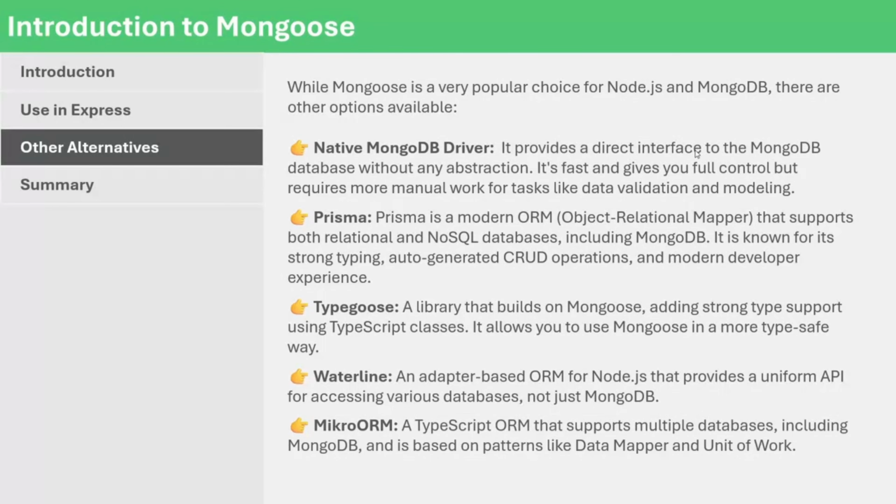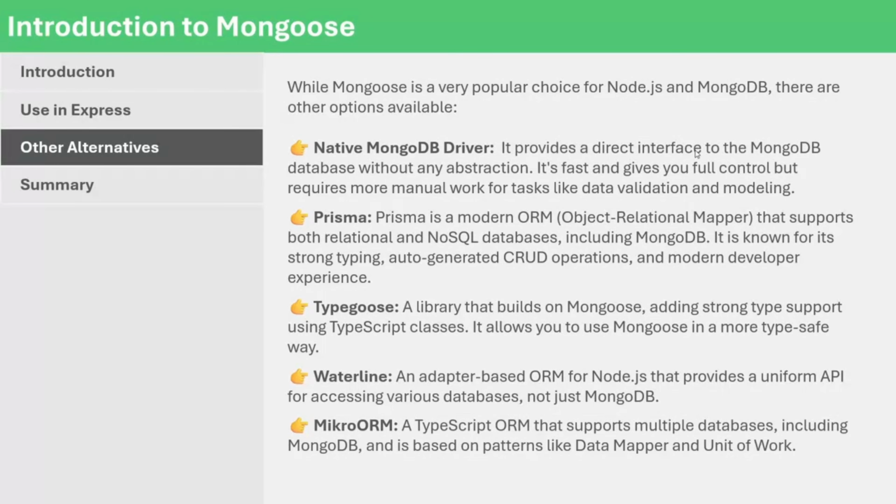It is fast and gives you full control, but it requires more manual work for tasks like data validation and modeling. Another option you can choose is Prisma. Prisma is a modern object relational mapper that supports both relational and NoSQL databases, including MongoDB. It is known for its strong typing, auto-generated CRUD operations, and modern developer experience.